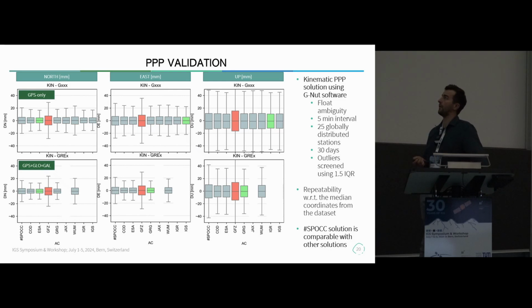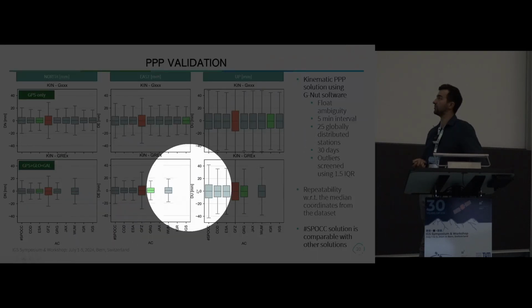us to perform PPP validation of our solutions, and we did it with kinematic PPP solutions, using GNAT software with float ambiguities, 5-minute intervals, and selected 25 distributed stations.